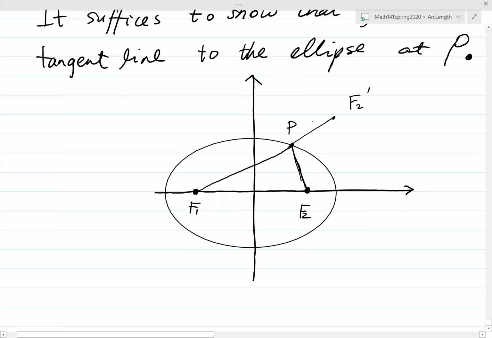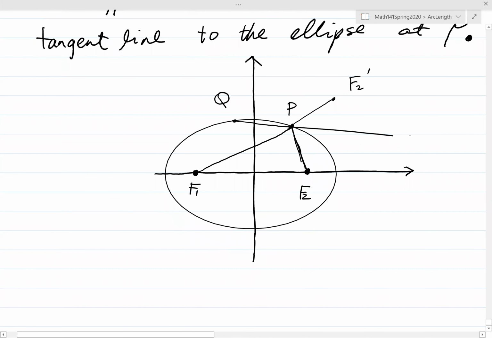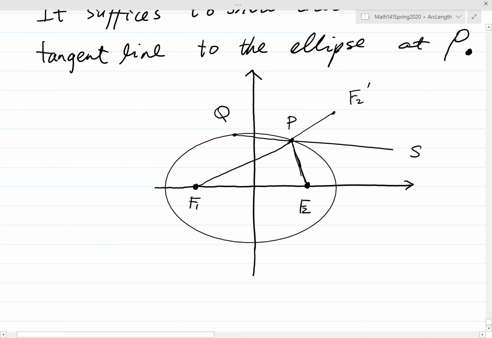Now suppose by contradiction it intersects at a Q, L. Let's use S. Suppose by contradiction, although I'm plotting in this manner, here this Q doesn't intersect, so Q doesn't exist.